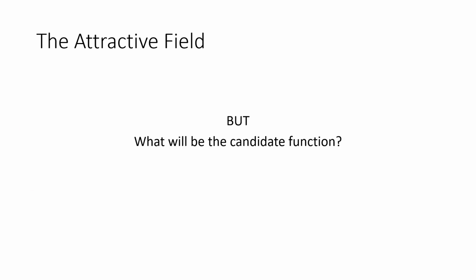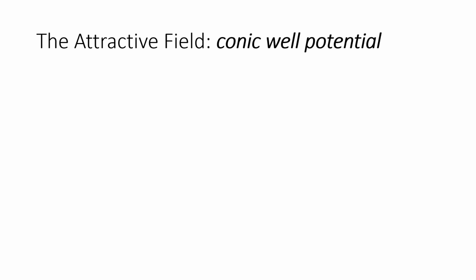But the question at this particular stage is: what is going to be the candidate function which fulfills the condition of being a monotonically increasing function? We will try two different candidate functions, and we will try to find out the benefits of those so that we may use them in our actual exercises. The first candidate function can be a conic well potential.